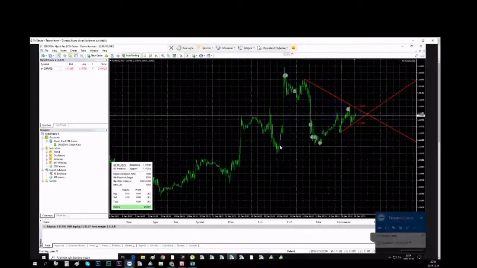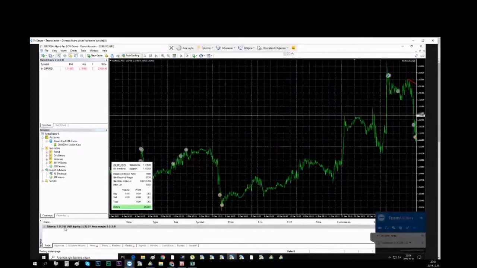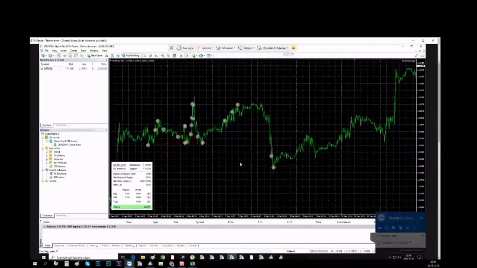I'm connected to the MQL live signal page from this account. So, for example, I started with $2,000 and it is now getting $220. For example, I want to show you the last orders.